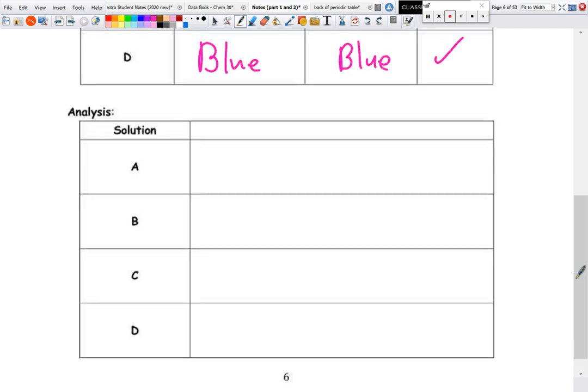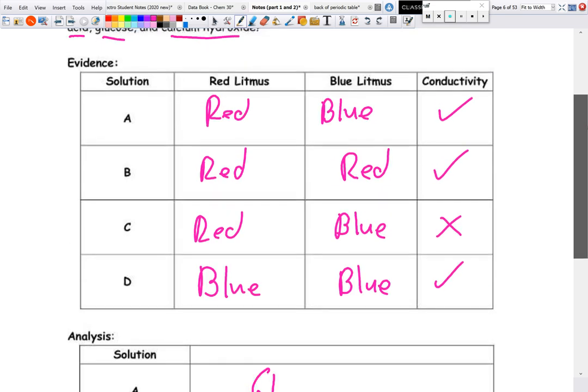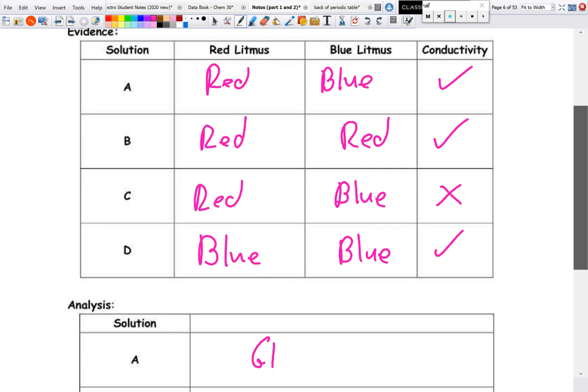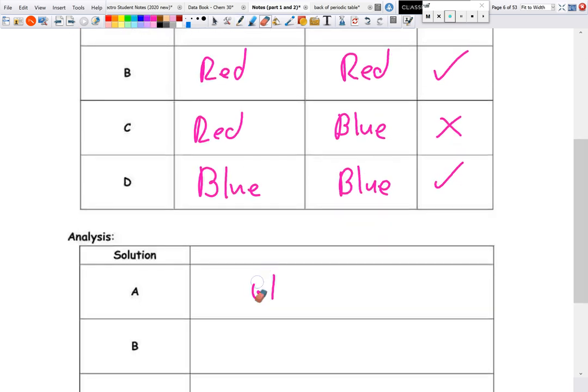So of course with these here, the results we should have gotten, it's not going to be glucose for the first one.